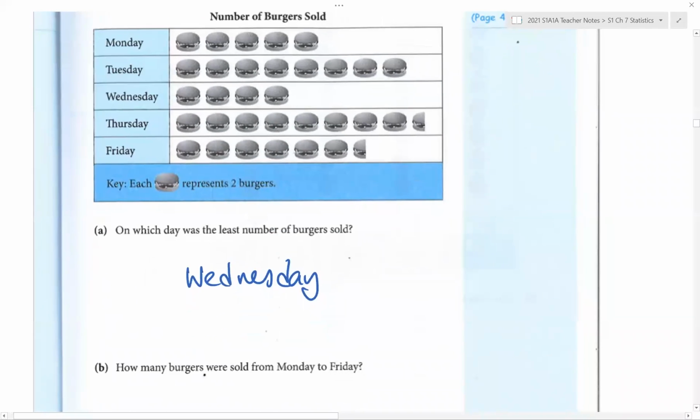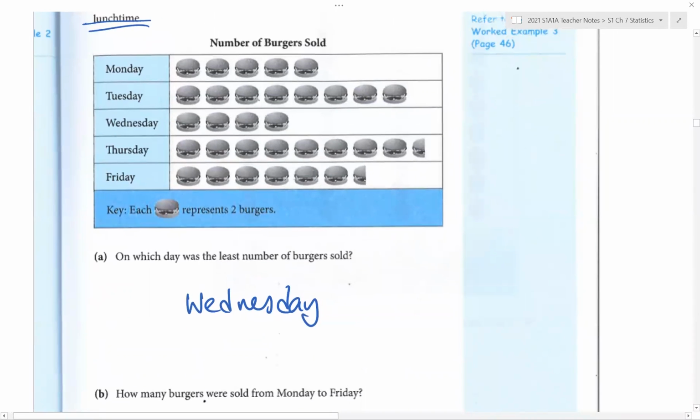Okay, next one. How many burgers were sold from Monday to Friday? How do you all do it? Did you count the number of pictures, or did you count the total number of burgers sold for each day?